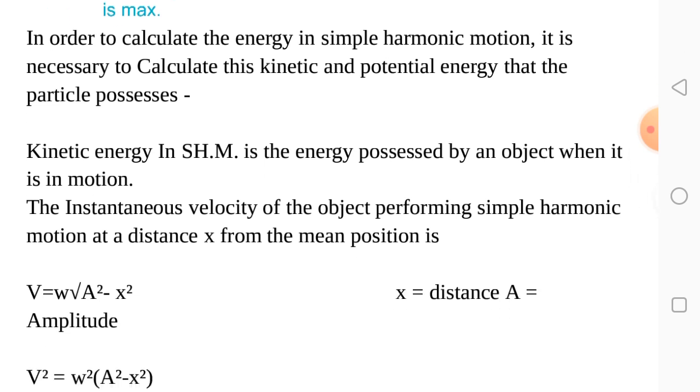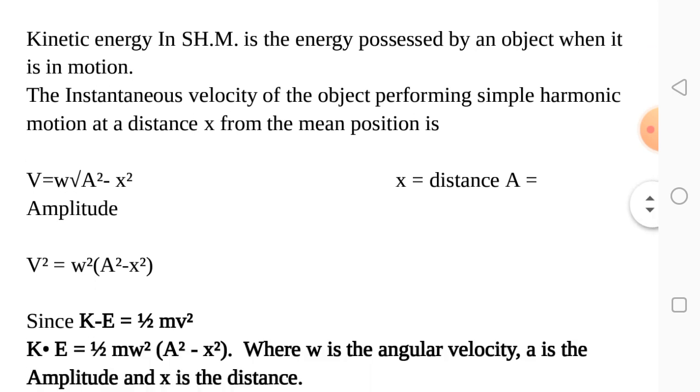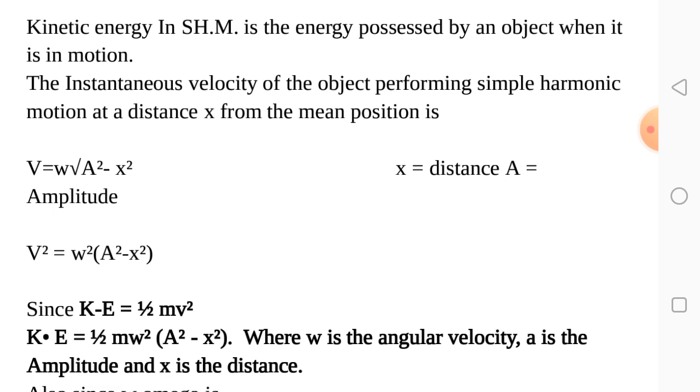The kinetic energy of simple harmonic motion is the energy the body possesses when it is in motion, and the instantaneous velocity v of an object performing simple harmonic motion at a distance x from the mean position is given as v equals omega root a squared minus x squared. Here v is the velocity, omega represents the angular velocity, a is our amplitude, and x is our distance.